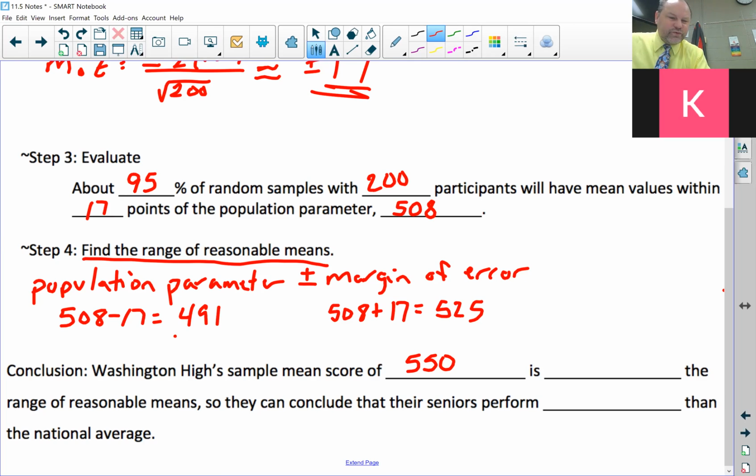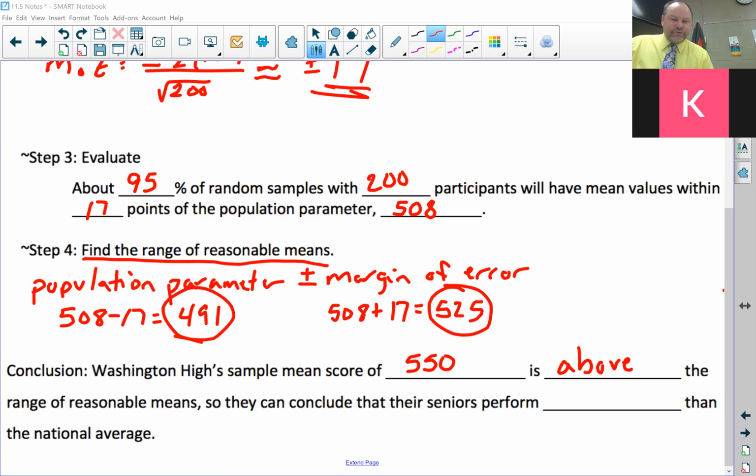How does that compare to our range of values? So it looks like, yeah, it is greater or above the range of reasonable means.